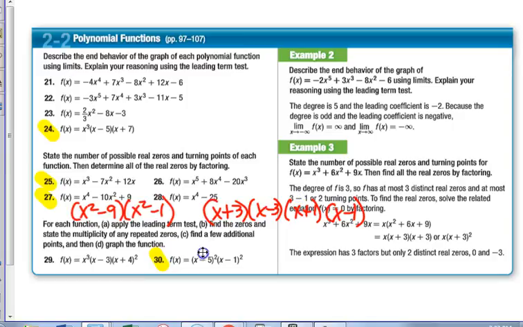Number 30 has what? 25. If you took out an x, you'd have x squared minus 7x plus 12 and minus 3 minus 4. You good? This one has number 30. I don't know if you can see this, guys. It's x minus 5 squared and x minus 1 squared.